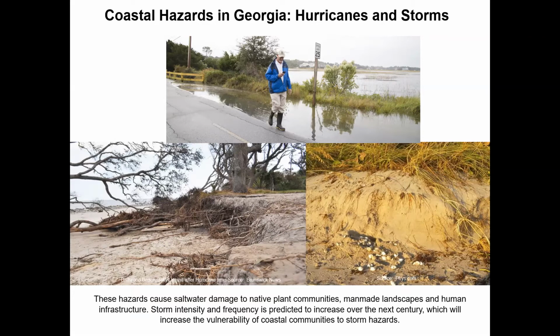And regretfully, researchers and scientists are predicting that storm intensity and the frequency of these storms and hurricanes are going to increase over the next century. So we have to really start thinking about the vulnerability of our coastal communities relative to these storm hazards and what kind of preventative measures we can take.